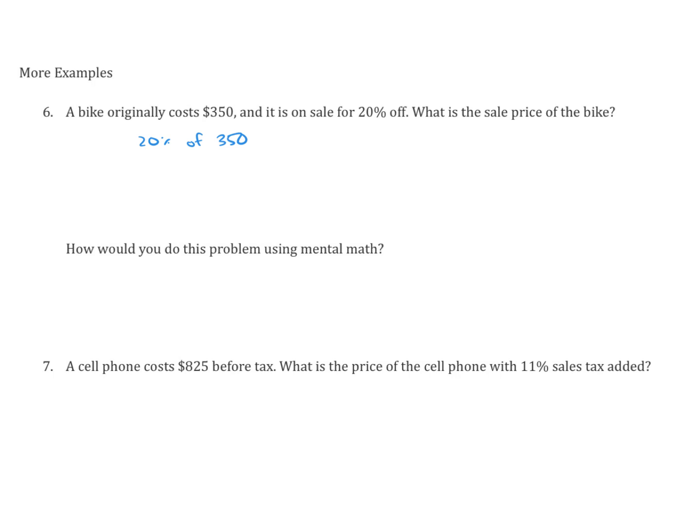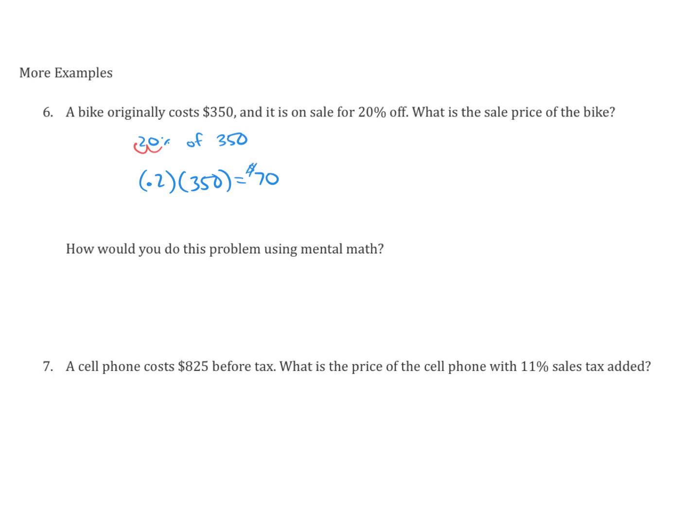So 20% changed to a decimal is going to be 0.20 or just 0.2. And I multiply that by 350, which gives me 70. So $70 would be 20% of 350.